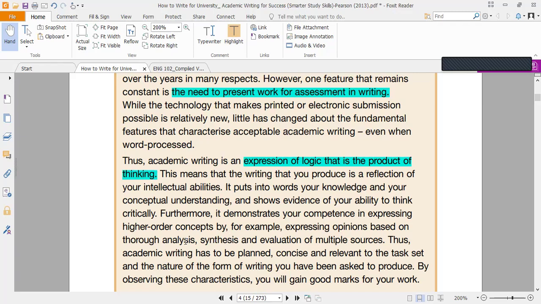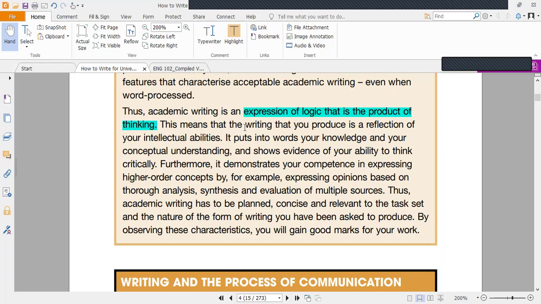Let's read further. This means that the writing that you produce is a reflection of your intellectual abilities. This is important. So, what does it mean? Writing at the university is very significant because it shows your wisdom, it shows your knowledge, it shows your intelligence, it shows your critical thinking.